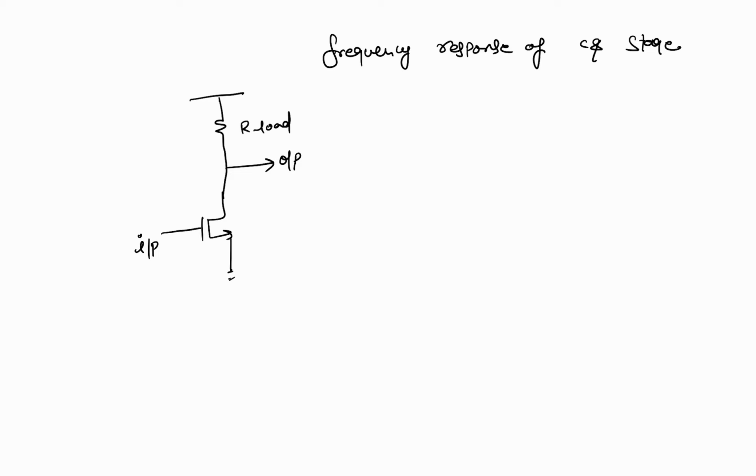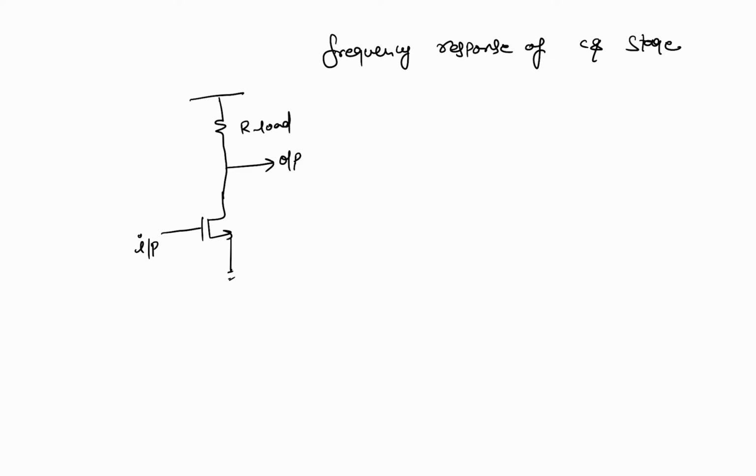First we need to bias our MOSFET at the operating point. Let's say the amplifier is in negative feedback, so by itself it will bias such that the MOSFET will be in saturation. Now we need to find the frequency response.